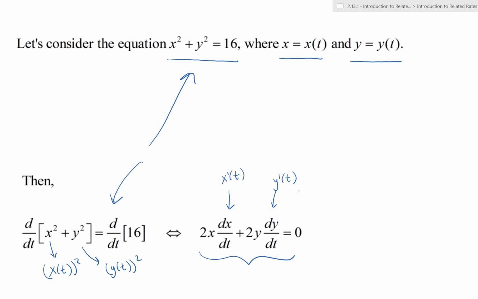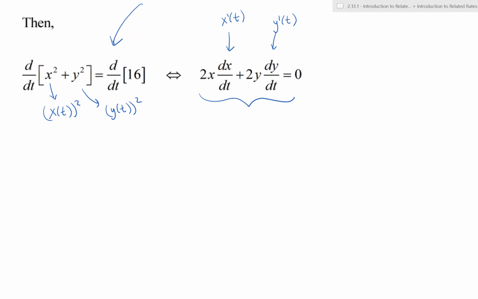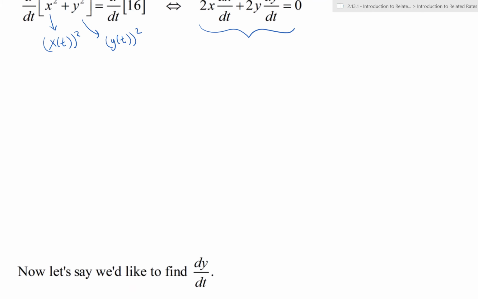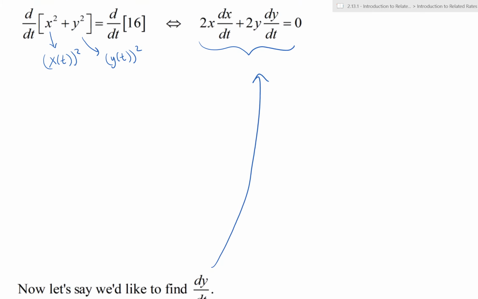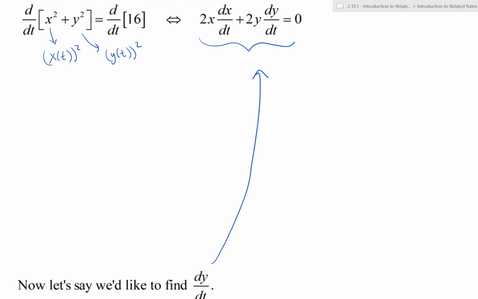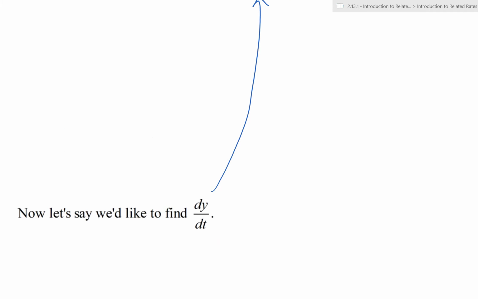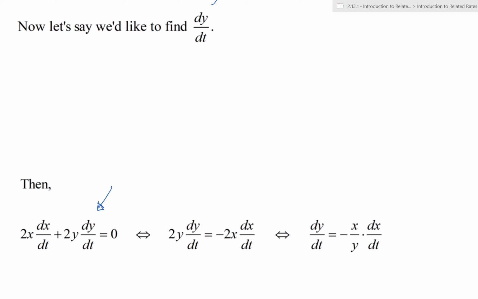So what, right? These are things we've been looking at. However, keep in mind that equation right above. Let's say we want to find dy dt from here. We have that equation, the relationship thus far, and we want to figure out what dy dt is. I can solve that for dy dt, very similar to implicit differentiation.